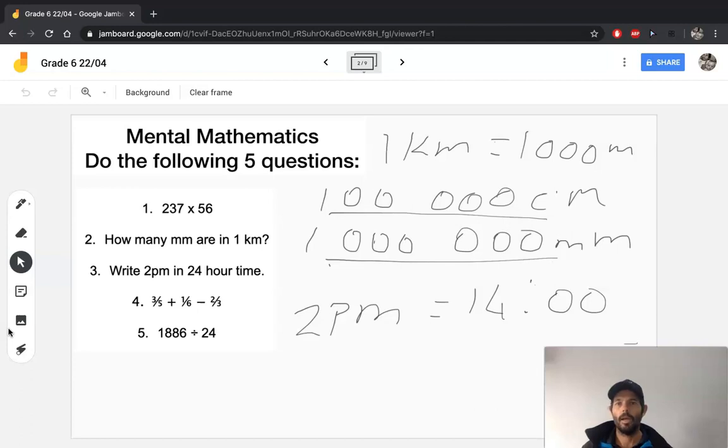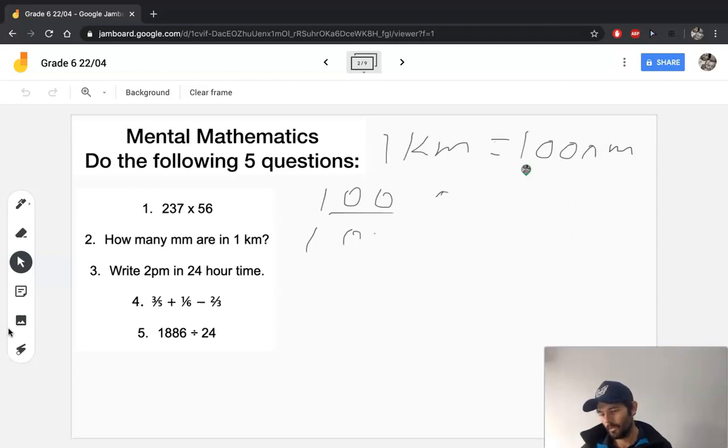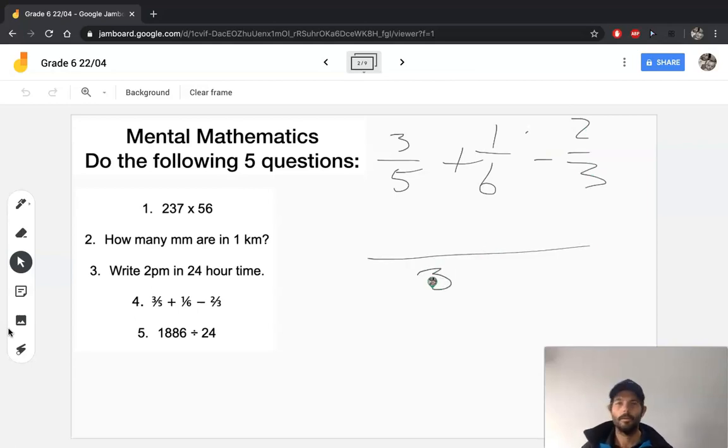Okay. Your fraction calculation for today. Let's clear a bit of space. And that is 3/5 plus 1/6 minus 2/3. And we can do those all together. And my lowest common denominator there is going to be 30.